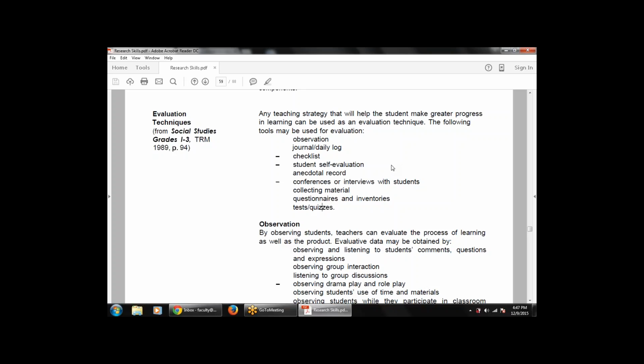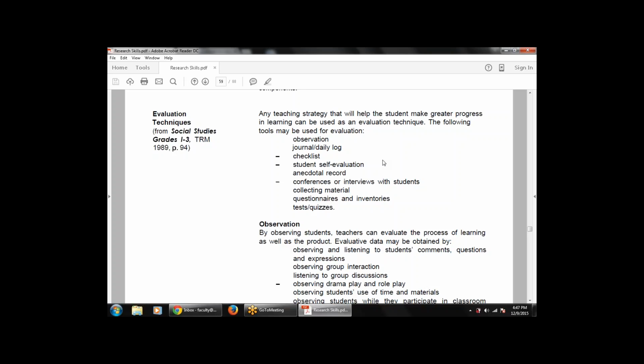Then questionnaires and inventories, then tests and quizzes. What are the various tests that are used, what are the various quizzes that are used.